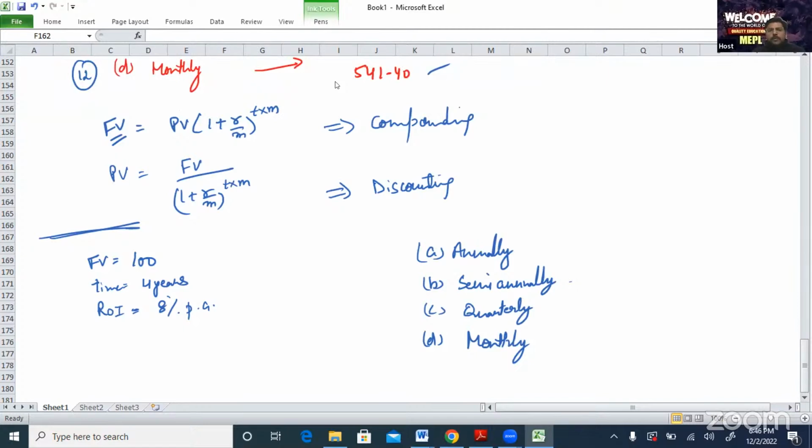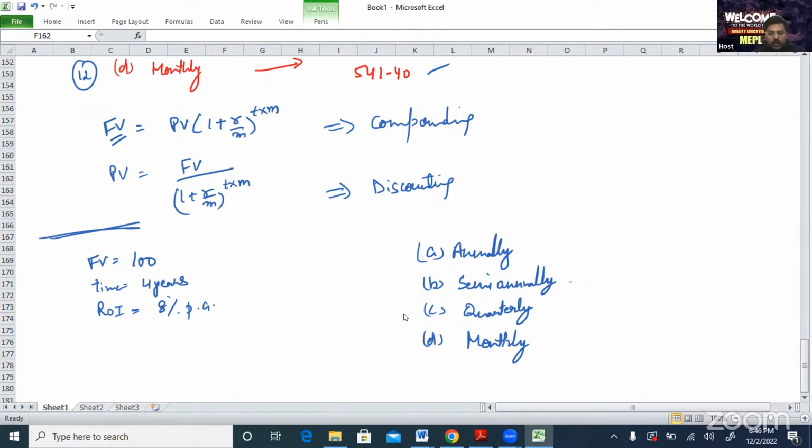Okay, so let me do it on the calculator again. I first clear all the TVM: second, and then future value, all the TVM will be cleared. Now in the first case, what will be my N? 4 will be my N. My I/Y will be 8% because compounding is annually.